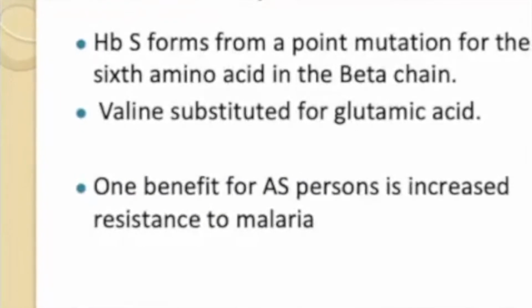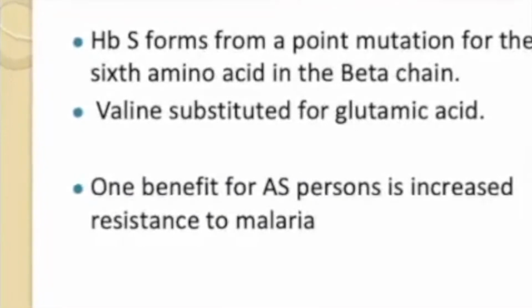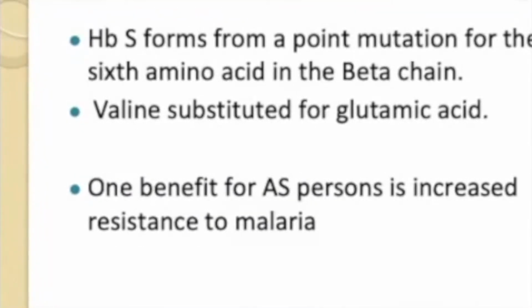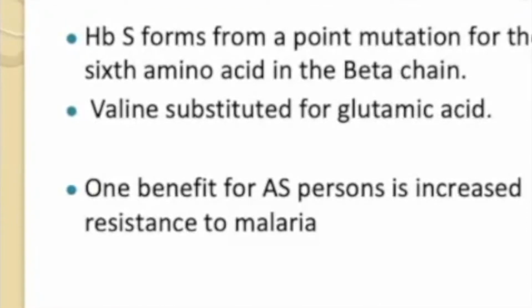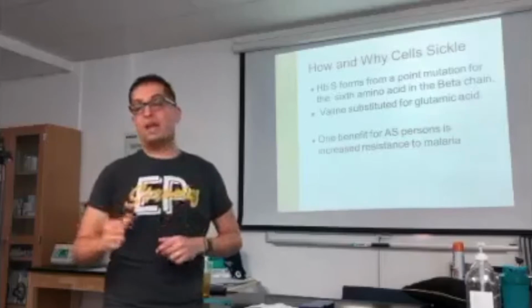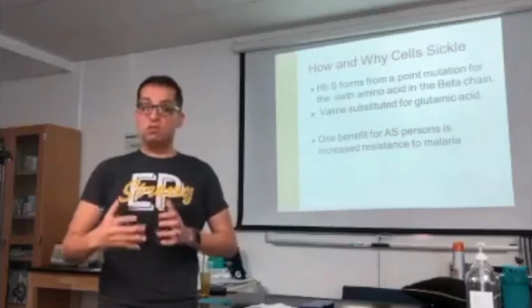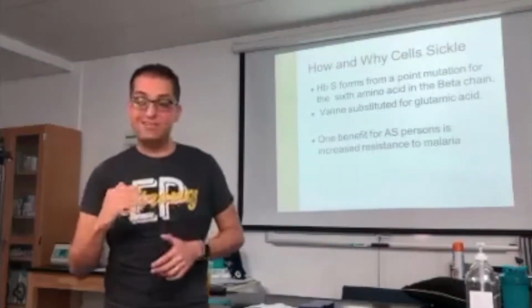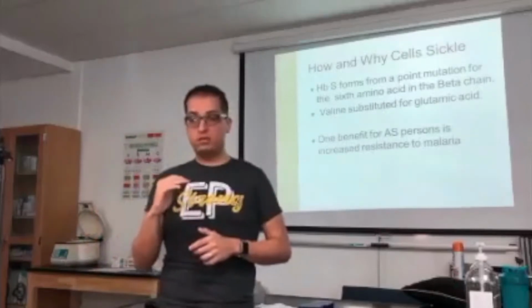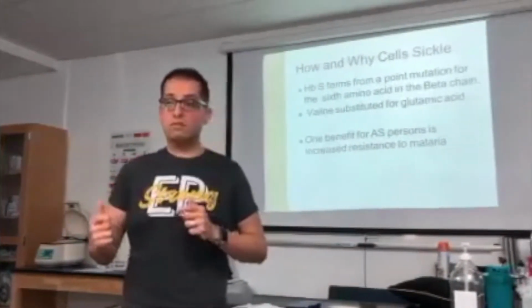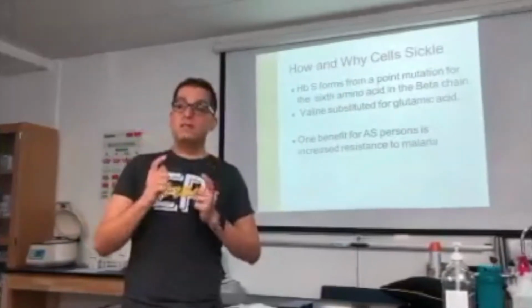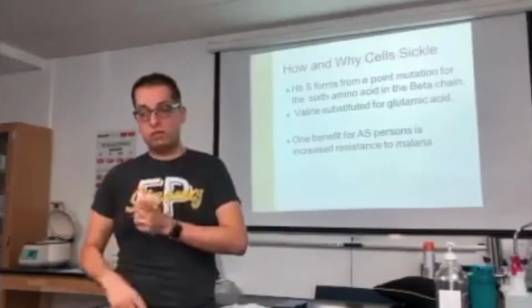That's definitely important to know, because normally in the 6th position of the amino acid chain we have glutamic acid. But in hemoglobin S, that glutamic acid is switched for valine.